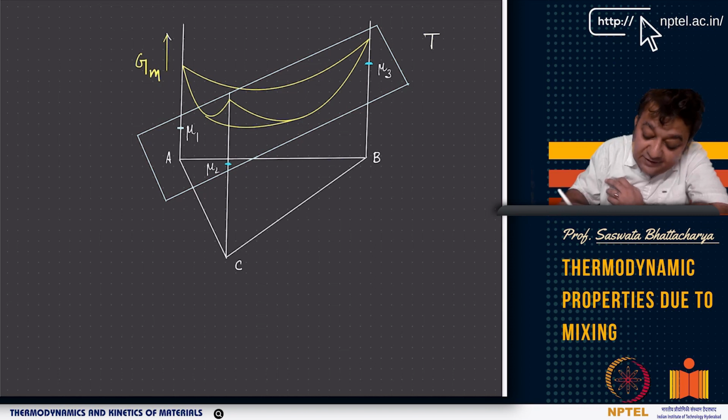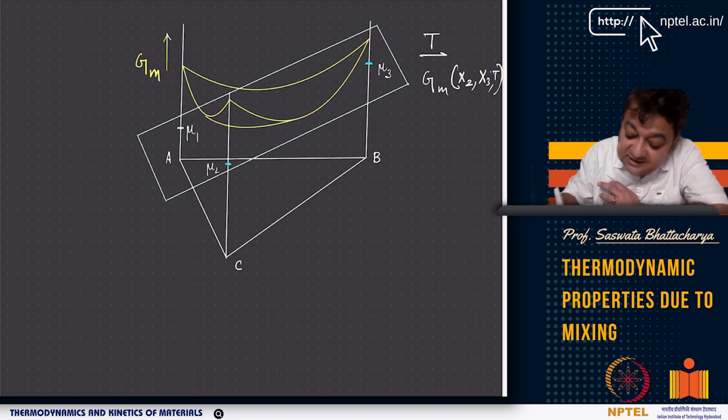GM is a function of x1, x2 and x3, but x1 is dependent, so GM is a function of x2, x3 and T. T I have fixed, so at this T, Gm is just a function of x2 and x3.